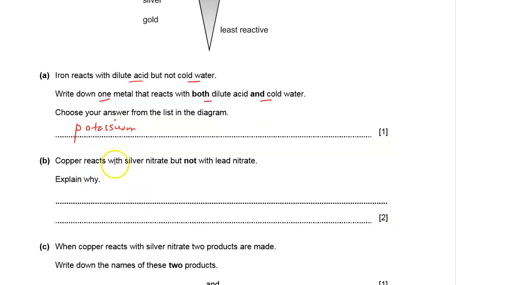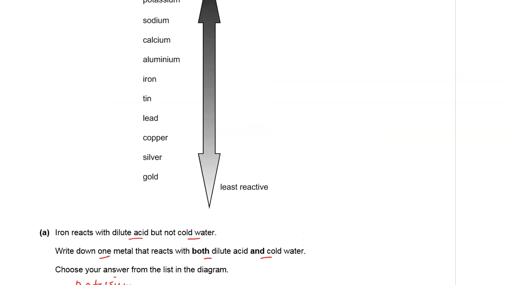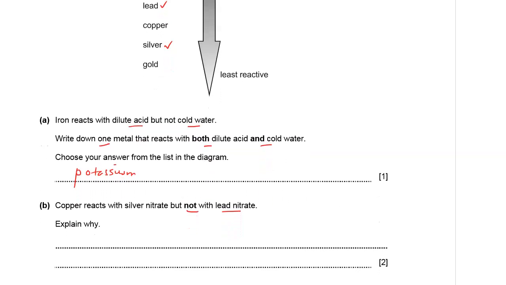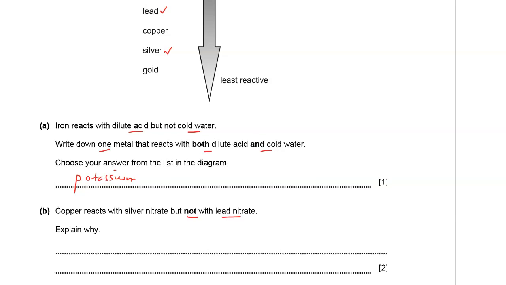B, copper reacts with silver nitrate, but not with lead nitrate. Explain. Okay. When you look at the series, silver is less reactive than copper, but lead is more reactive than copper. So copper cannot displace lead from its compound, but it can displace silver from its compound.